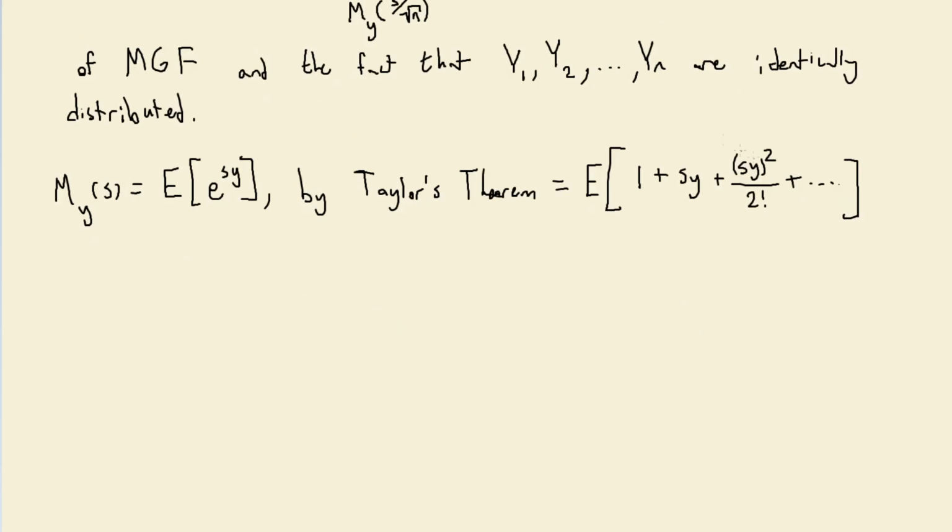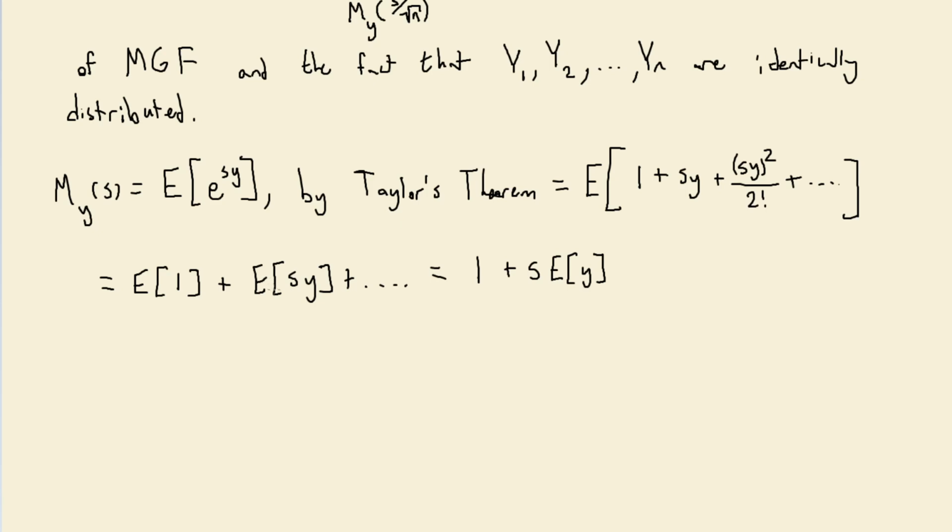Now, what we can realize is that this expectation operator is linear, and so this is going to be equal to the expected value of 1 plus the expected value of sy, and then we would proceed this out. The expected value of 1 is just 1, and then plus s times the expected value of y, because expectation is a linear operation.